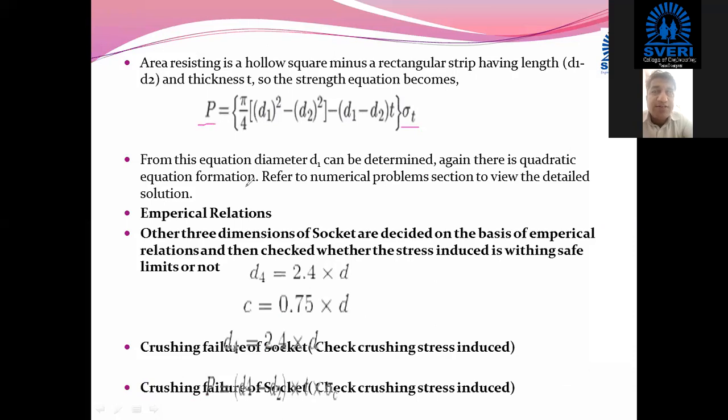So we can calculate this value of P. If this value of P is greater than the actual applied load, PA, then we can say this design is safe, because this socket can sustain load more than the applied load.